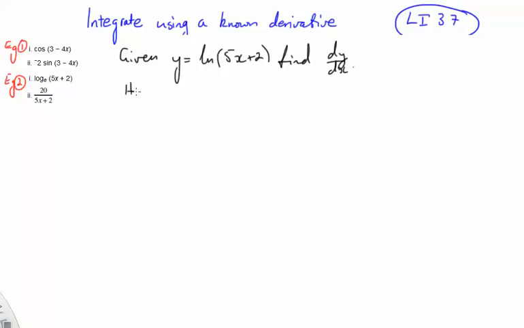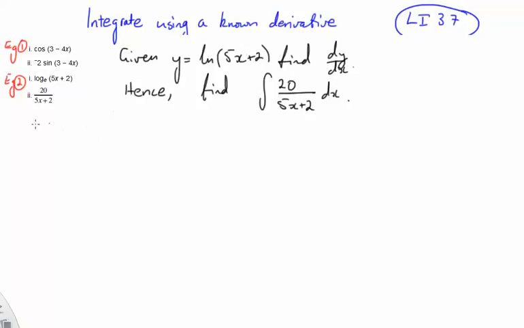Hence, and that's where the hence comes in, hence find the integral of 20 on 5x plus 2. So they're saying do this routine procedural bit and then use that hint we've given you to find this integral. Well, let's do the first part.